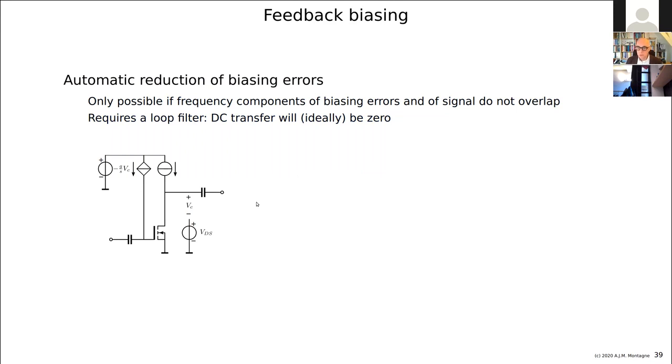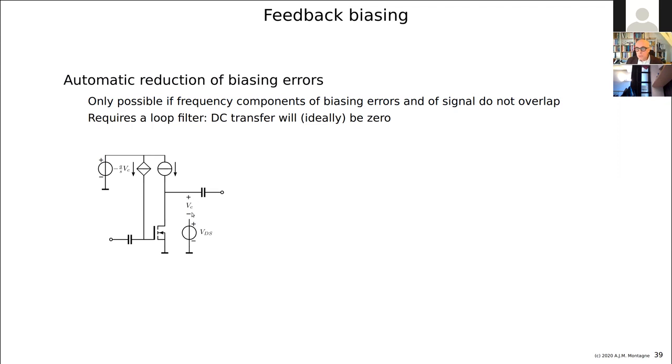Let's look at the circuit here. We have this transistor biased, but if the temperature changes or if you put a slightly different device in, it needs another VGS, it needs another current. So the VGS is not a fixed point because we have the capacitors, but it may need another point to have exactly the good voltage here. So what we do is we measure the DC output voltage and we compare it with the desired value, which in this case is VDS, just the name, can be 1 volt or whatever.